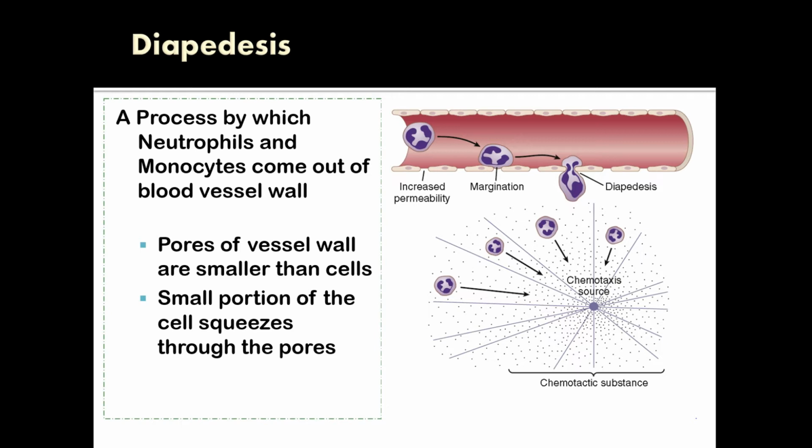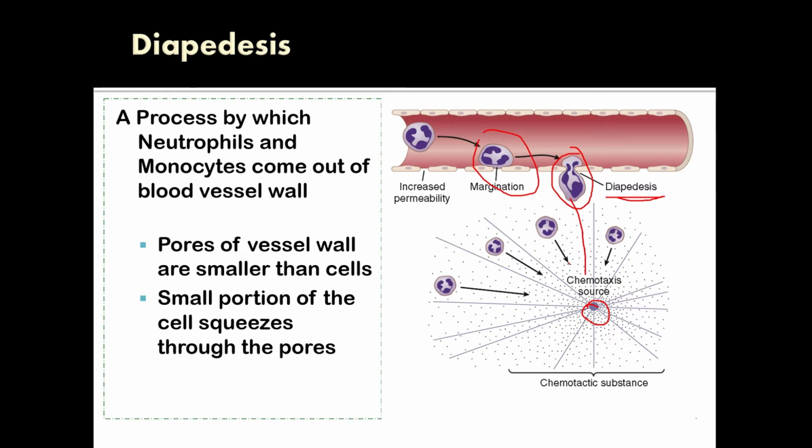So these cells will squeeze, you know, they are round. Now they are squeezed in the middle, making some space, and they will move outside the cell, and this movement is known as diapedesis. And then there is chemotaxis, that is, the bacteria which is attracting this neutrophil.